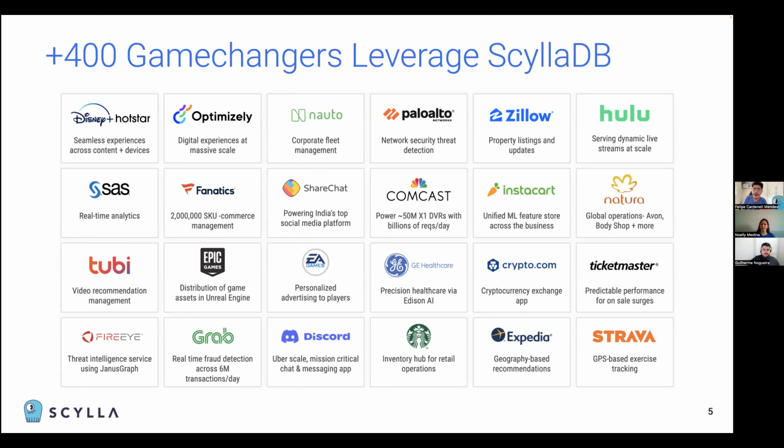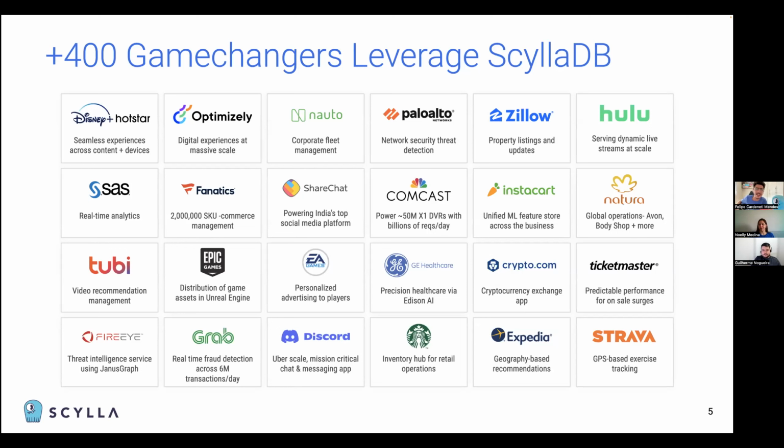Some of you will recognize many of the companies pictured here, such as Discord, for example, who's using ScyllaDB to connect millions of individuals all around the world in real time. Or Epic Games, who's using ScyllaDB behind the scenes for distribution of game engines behind Unreal Engine.